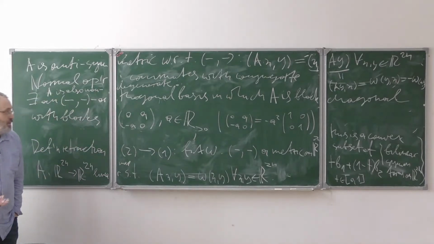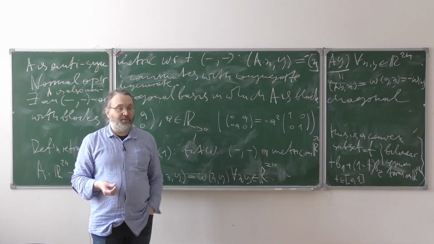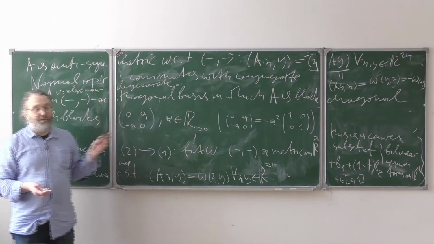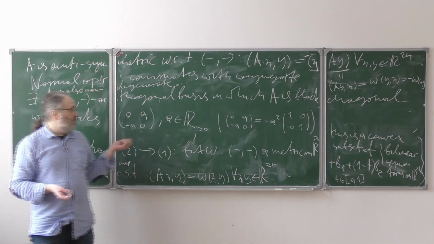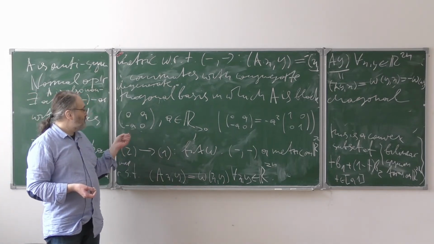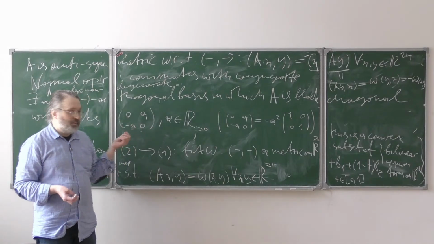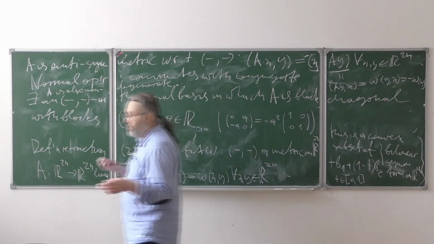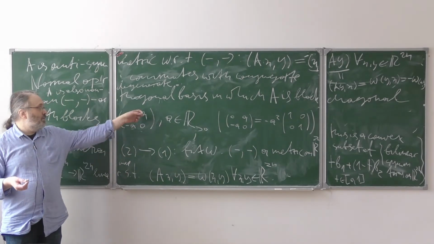But it's clear that a matrix such as this one can be joined with either 0, 1, minus 1, 0, or 0, minus 1, 1, 0, depending on the sign of a.